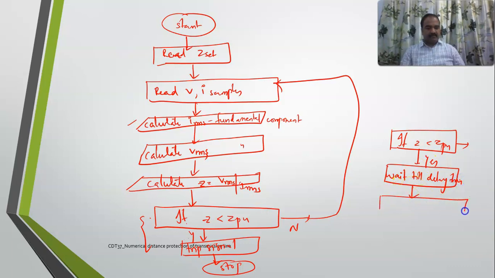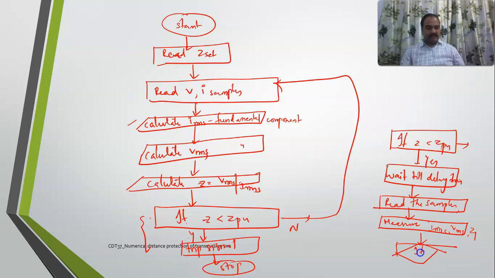Again you read the samples, and again you measure IRMS, VRMS, and Z. And then you do another check here. If Z is less than ZPU, then you will set the command and then stop. If no, then this is the case.